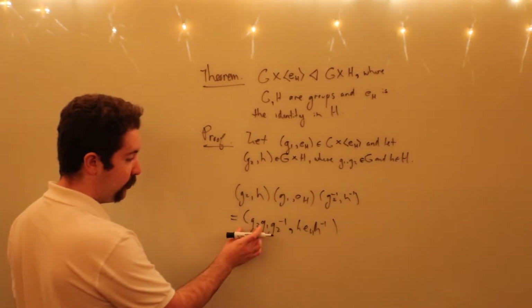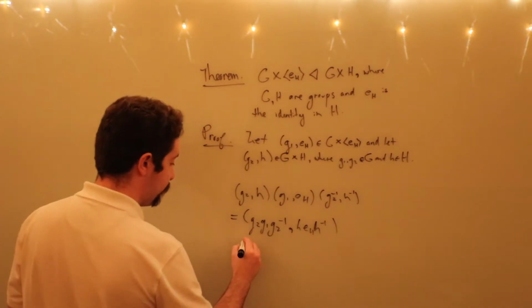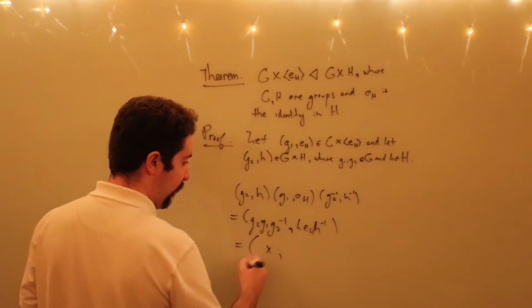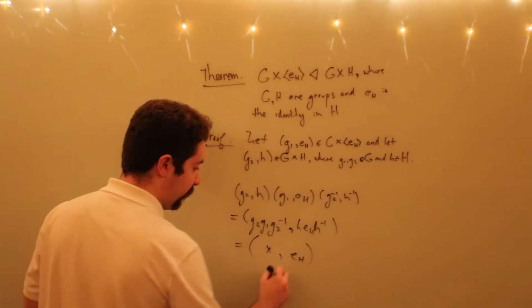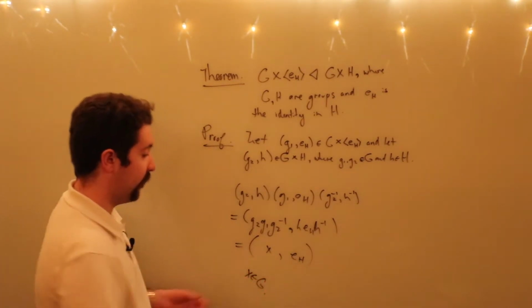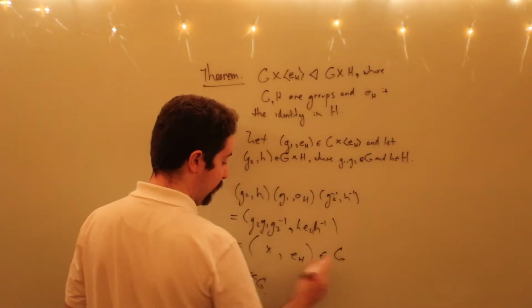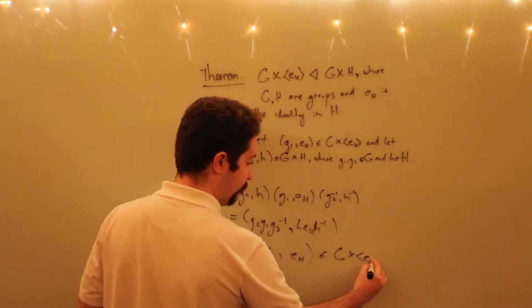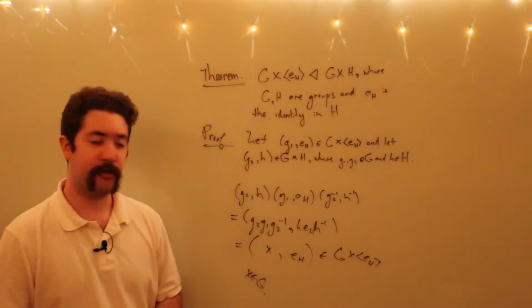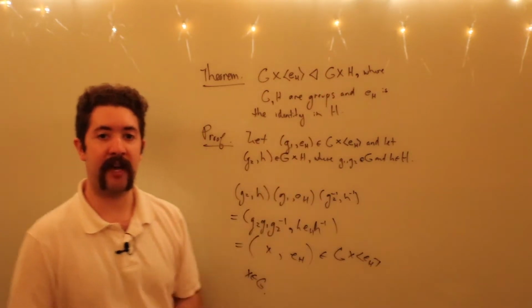And this g2 times g1 times g2 inverse by closure is another element in the group G. So this is going to be equal to something in G, we'll just call it x, comma, the identity in the group H, right, where x is in G. And by definition, this is in the direct product of G times the group generated by the identity element, or the trivial subgroup of the group H. So it is true that this group is normal inside of that group.